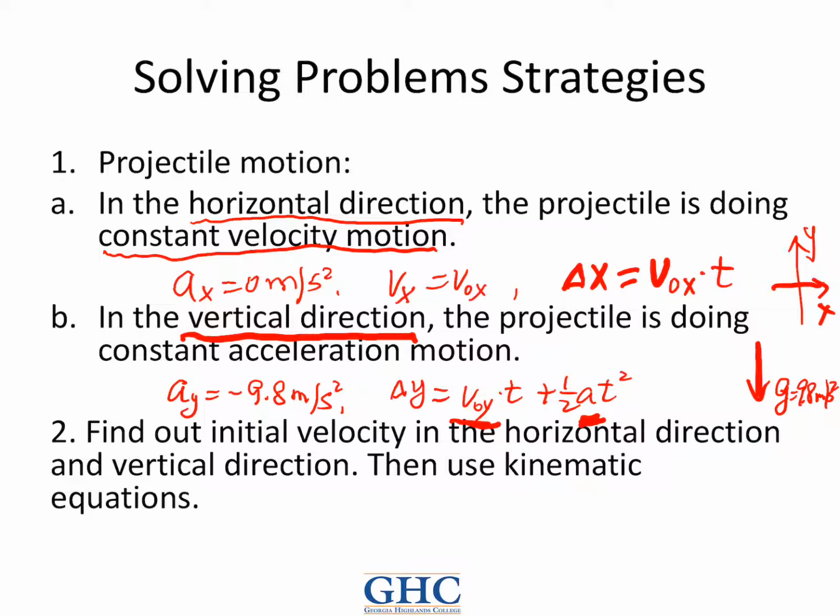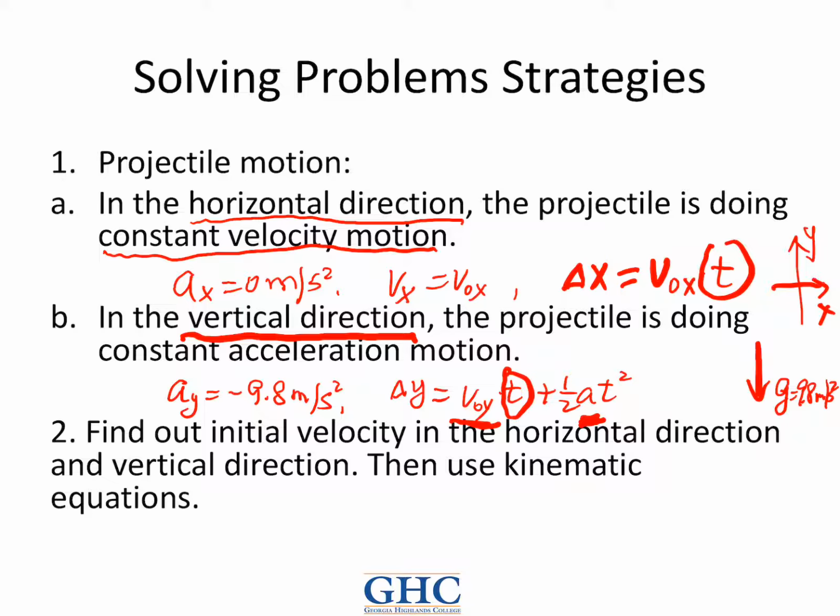You see there is a shared variable in the x direction and the y direction. So in most cases, you just need to find the time either through the x direction, plug it into the y direction, and find what you want, or you solve for t from the vertical direction and plug it back into the horizontal direction to find what you are looking for.